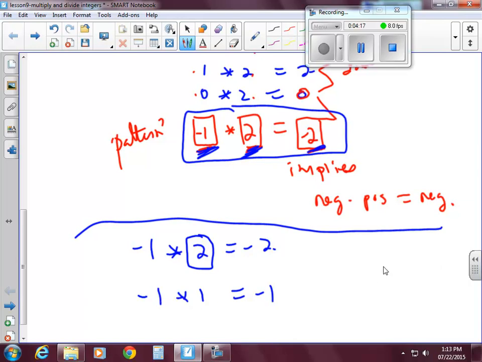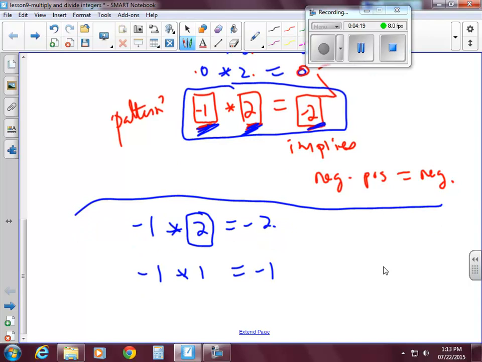Okay, but now let's start to look at the number pattern. Again, think about just pattern recognition. Okay, this is -1, this is -1. The next number would still be -1. This is a 2, this is a 1. You'd have to go down 1 to get 0. And we know that anything times 0 is 0.